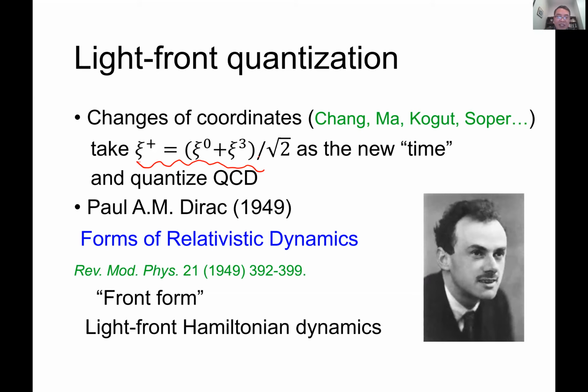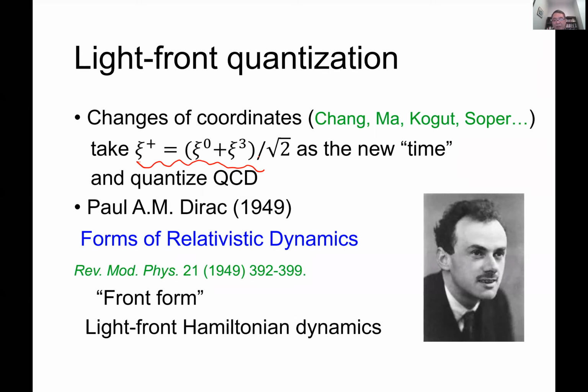It turns out that this was suggested back in 1949 by Dirac. He wrote a paper in Reviews of Modern Physics and discussed three different forms of relativistic dynamics, one of which is called the front form. The front form uses these light-front coordinates.